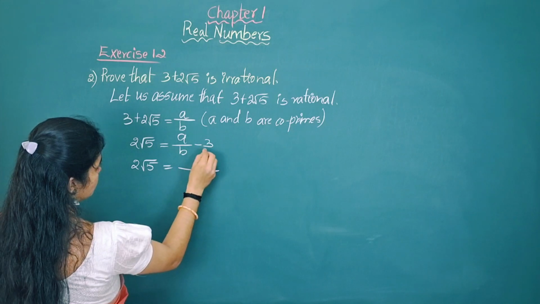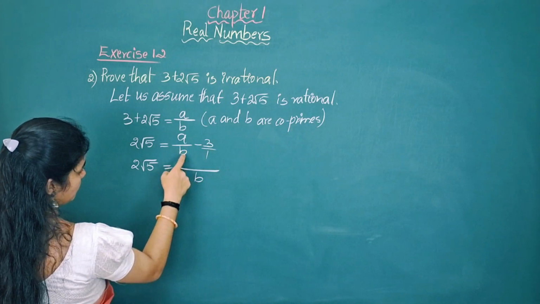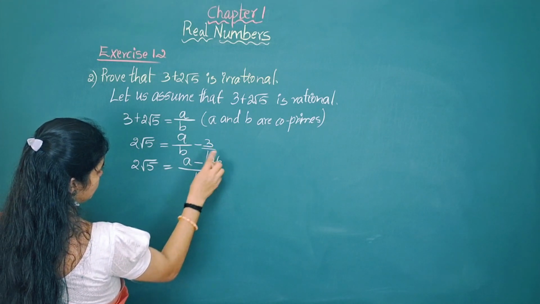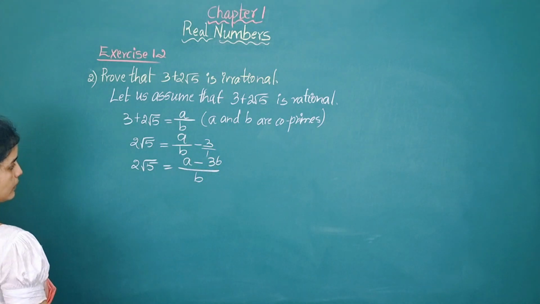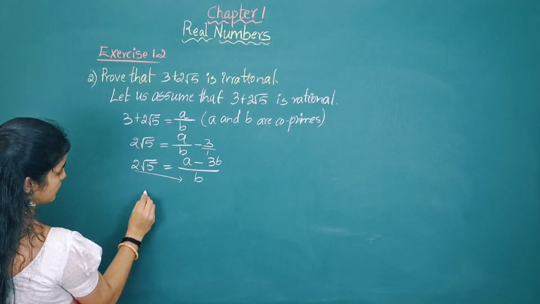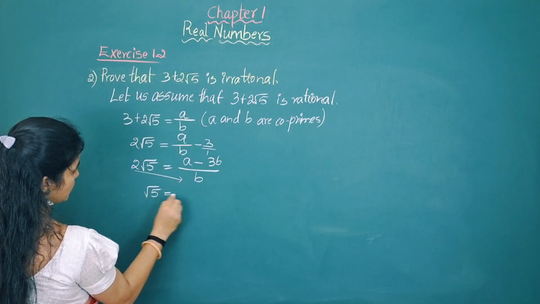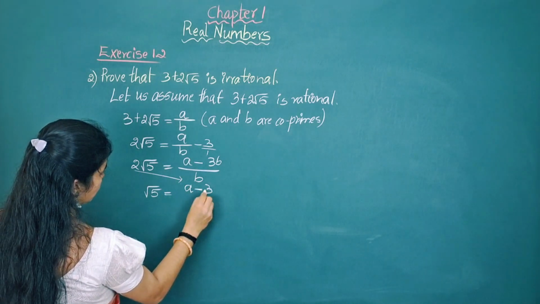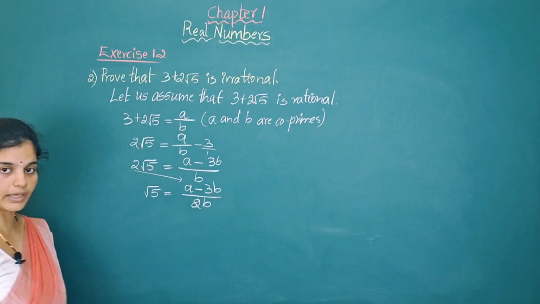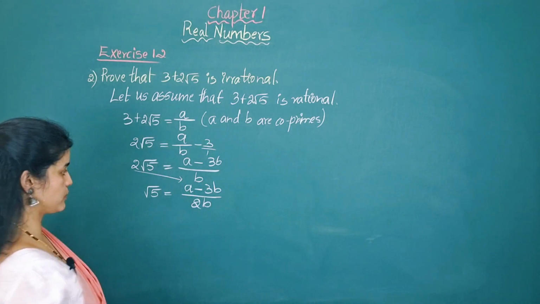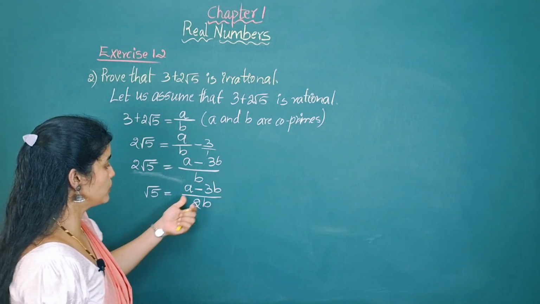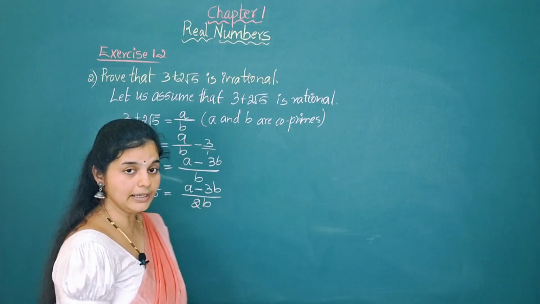Now LCM of B and 1 is B. So A is written as A minus 3B over B. Now shifting this 2 here, I can write root 5 is equal to A minus 3B divided by 2B. Okay, so this is what we come across.